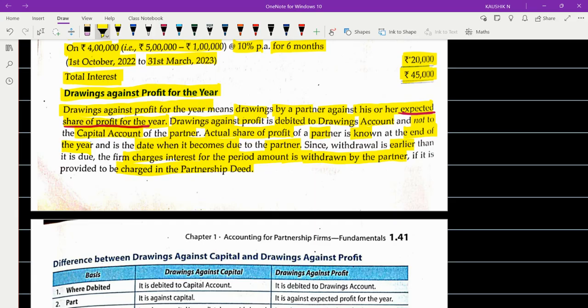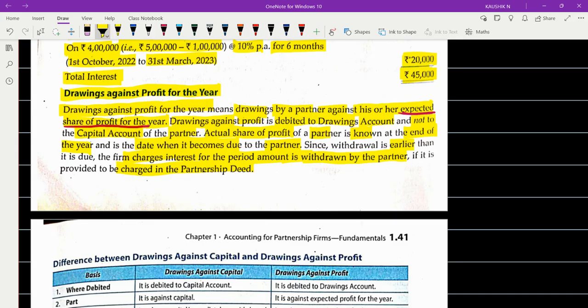The actual share of profit, whatever you are going to receive from the business, will not be revealed before the year closure. We don't know what profit we are going to get or loss we are going to suffer until we close the books of accounts, which is possible only at the end of the year. And then onwards, it becomes due for you. But the partner is doing the withdrawal before that date.